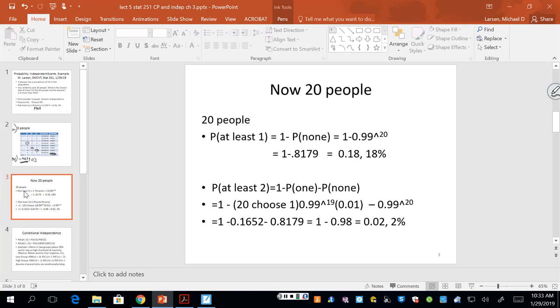Assuming these people are independent, the probability of none is no for all of them, so 0.99 for each one, raised to the 20th power, which is 0.8179. Eventually the 0.99s that are less than 1 start making that smaller. And so subtracting, we get about 18%.